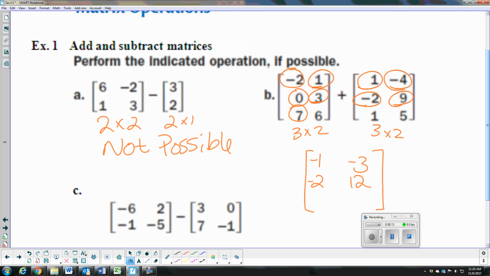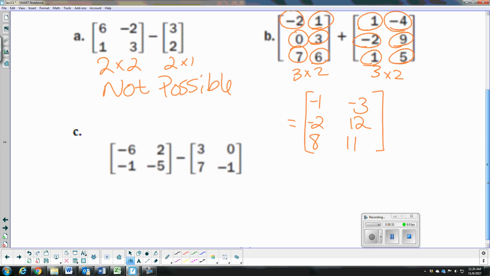Our third row, first column, 7 plus 1 is 8. And then our third row, second column, 6 plus 5 is 11. So those two matrices added together gives us this new matrix, which is also 3 rows by 2 columns.